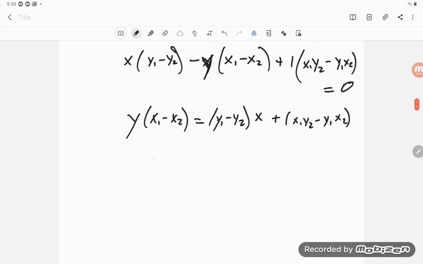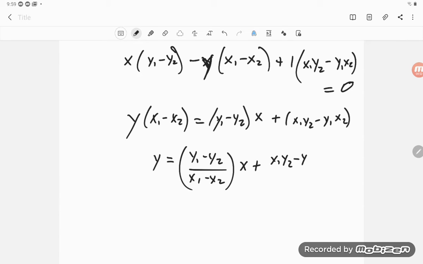And so this is y equals y1 minus y2 over x1 minus x2 times x, and plus x1 y2 minus y1 x2 over x1 minus x2.